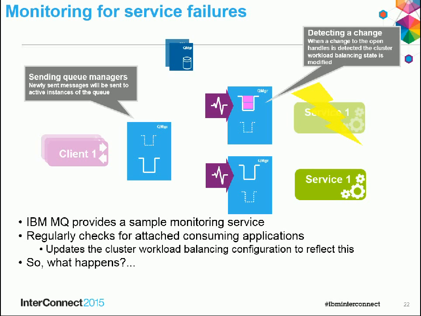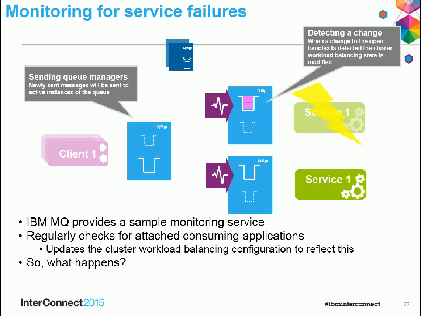It's using an attribute on the cluster queue called CLWLPRTY. That's cluster workload priority, if you're familiar with it. But by modifying that, dropping down the priority of the top one, leaving the bottom one high, means that messages will actually go to the bottom one over the top one. So that deals with all new messages coming into the system.